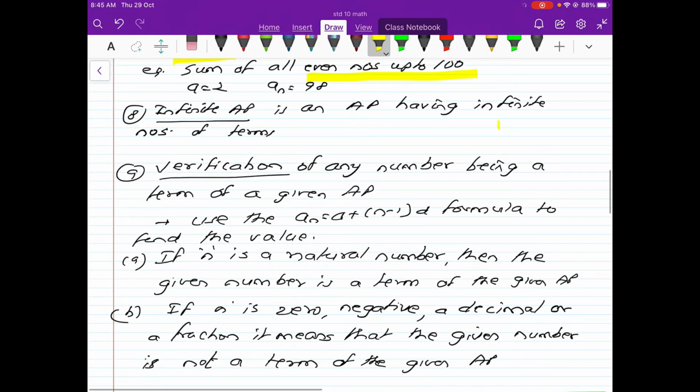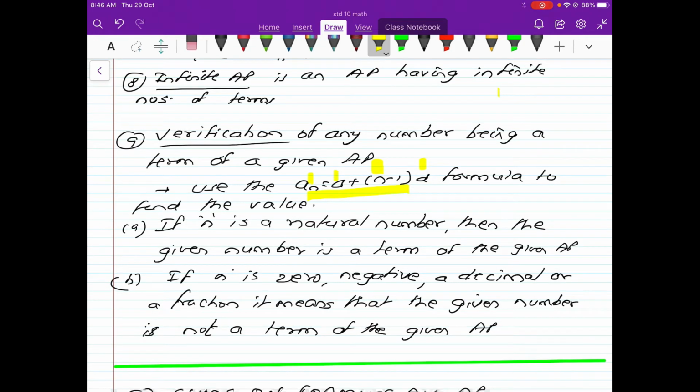Now there is one part which we should know, the verification. If they ask us, is this a term of the given AP? How will we test it? For testing we will have to use this formula. Whichever number is given, that has to be taken as an. A will be given, D will be given. We just don't know n. Now if you calculate and you get n as a natural number, then the given number is a term. For example, n is equal to 4. So we can say the given number is the fourth term of the AP.